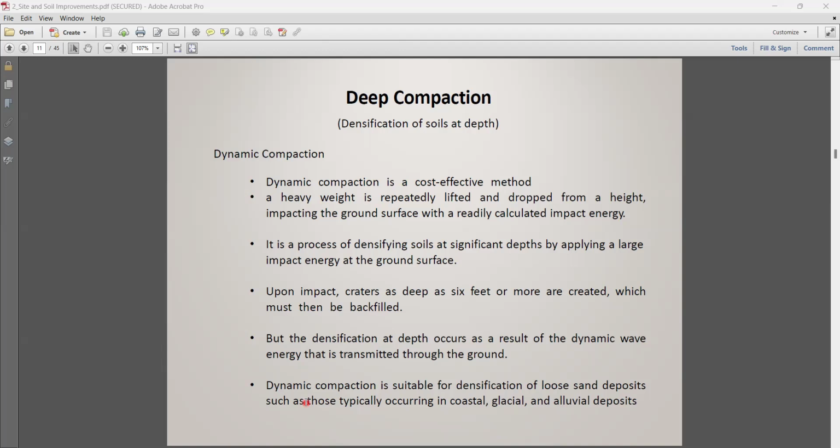If you have a clay soil, what will be the most effective way of improving the ground? If you have a sandy soil or silty soil, what would be the effective way? So this deep compaction, dynamic compaction, is effective for sand or cohesionless soil, silt, etc.